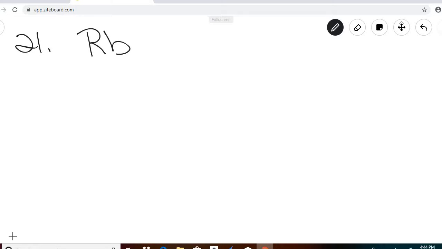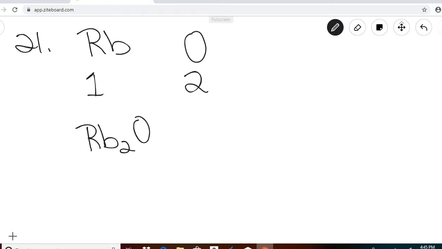Okay, so the first one is between rubidium and oxygen. Rubidium is in group 1A, so it has one valence electron, and oxygen is in group 6A, so that means that it has 6 valence electrons, so when it gains those electrons, it would have a charge of 2. So the formula for our chemical compound would be Rb2O.